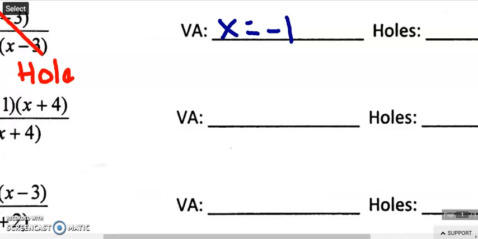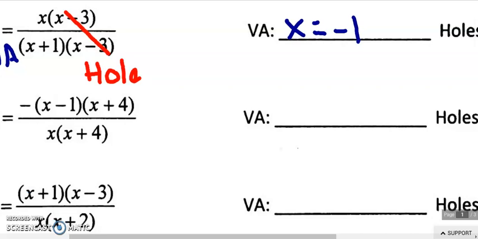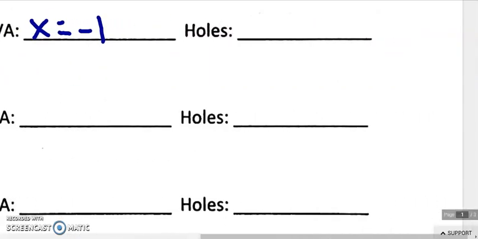For the holes, whatever factor I scratch out creates the hole, and the value of x that I use is what brings that factor to 0. So if I see an x minus 3 that cancels out, I'm going to leave a hole at x equals 3.